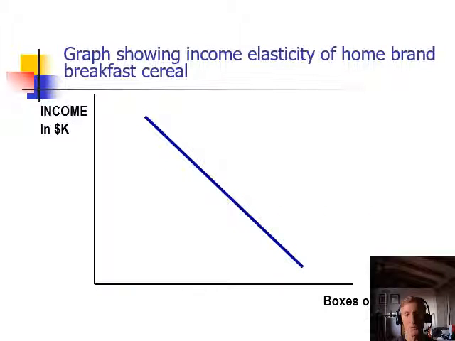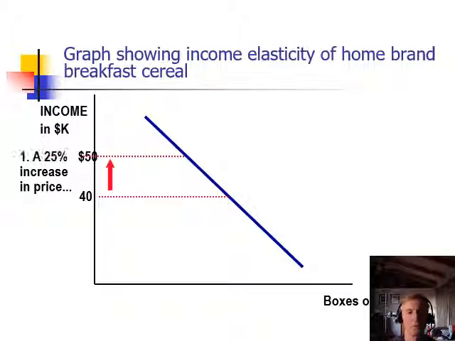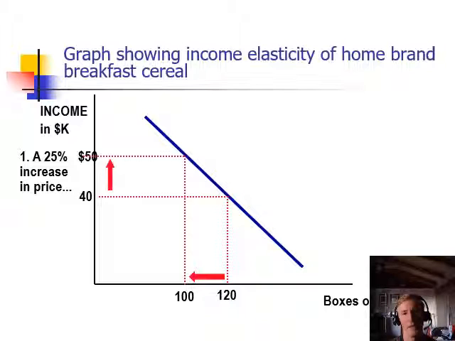Now, an inverse relationship, of course, would look like this, a downward sloping curve. So in this case, if we have boxes of home brand cereal, which is a no-name brand, and as consumers get more and more income, what's happening here is that there's going to be less breakfast cereal bought.